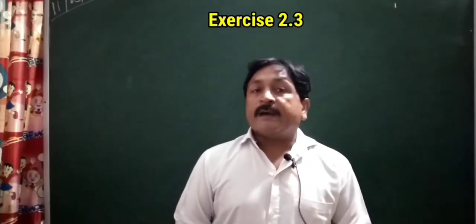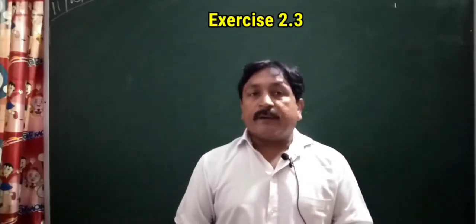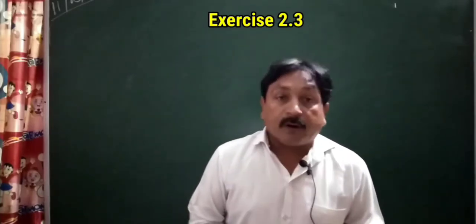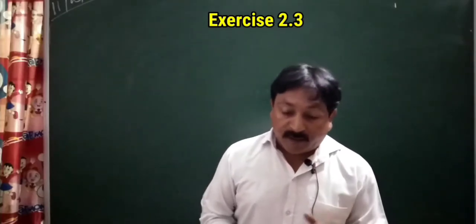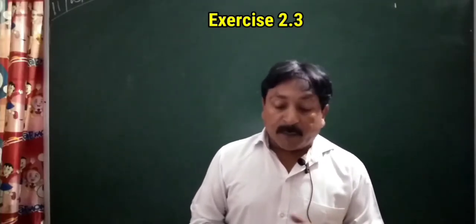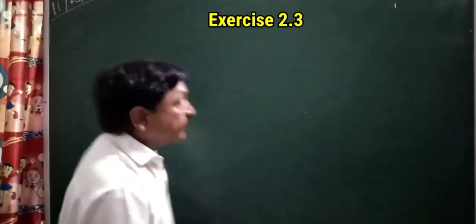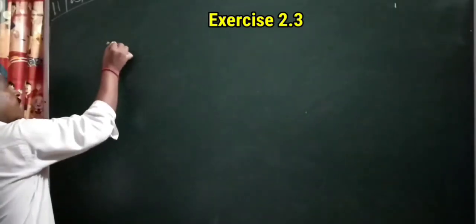Okay, but before doing exercise 2.3, I just want to tell you one thing by the help of solving an example. Just read question 2.3, exercise question number 1, part first. What is actually asked in the question?